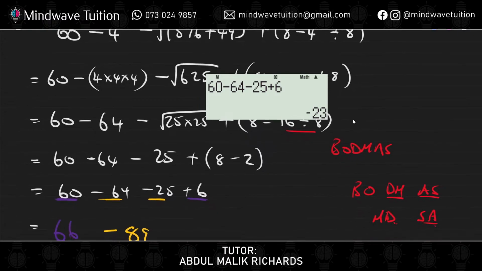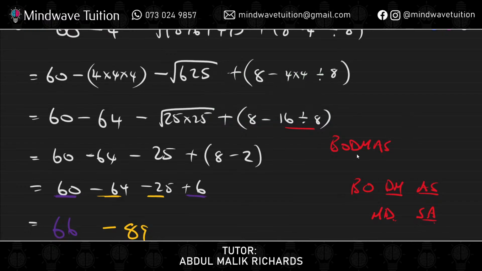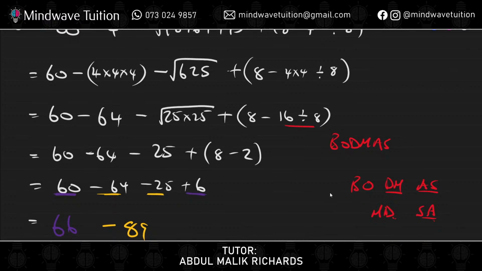We did some BODMAS here as well. And that is basically what exponents are all about. Everything that we've done this week is quite important for high school. If you can understand this in grade 7, then grades 8, 9, 10, 11 and 12 will not be that difficult for you.